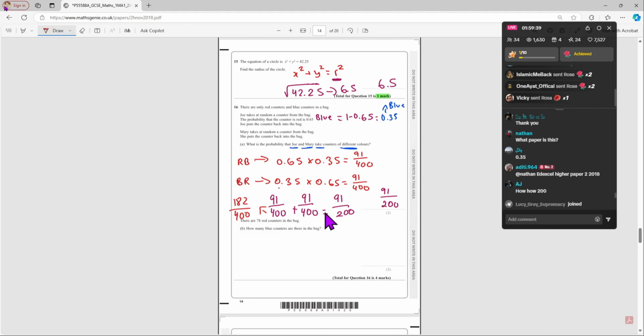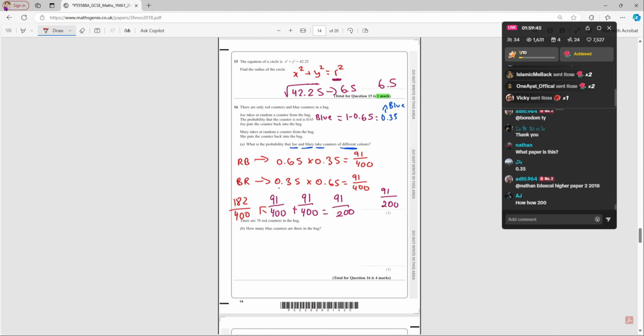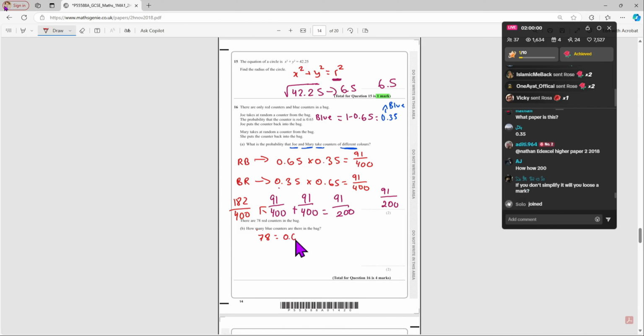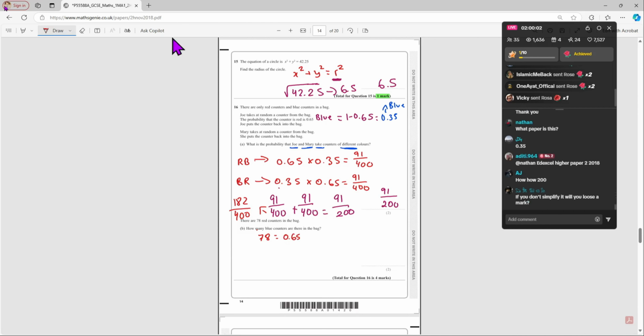Okay? Now, part B, we know that there are 78 red counters in the bag. How many blue counters are there in the bag? So we know that 78 is equal to 0.65, or we can say it's equal to 65%.